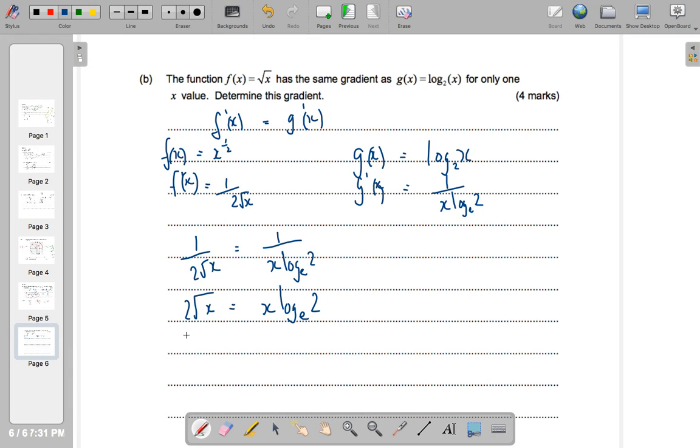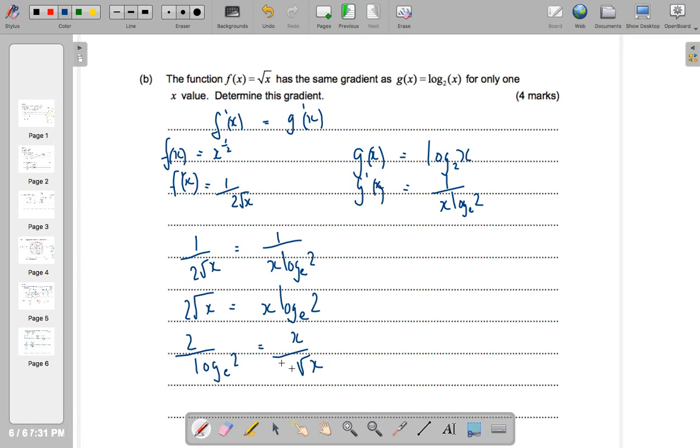Okay, so that will get us to this. We'll get 2 over log 2 to the base e equals x over the square root of x.